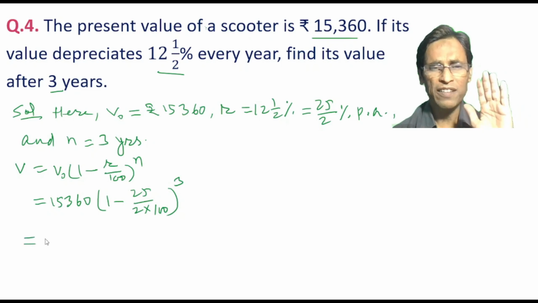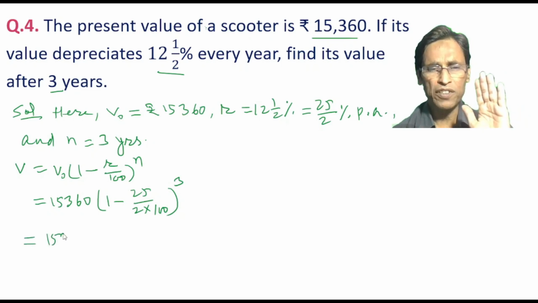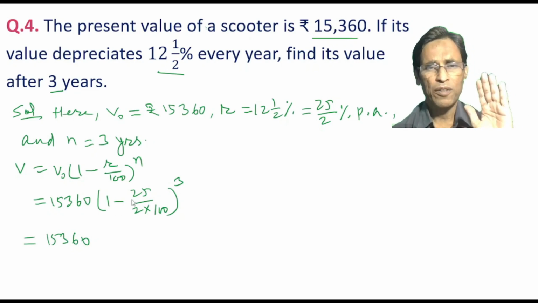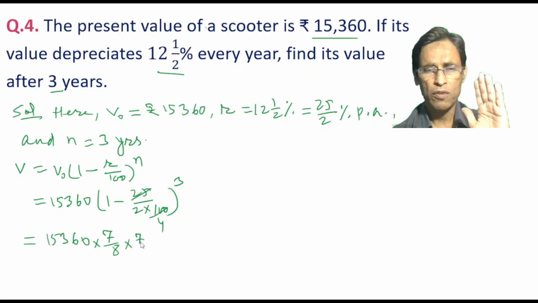Now we simplify and get 15,360 under bracket, 25 by 2 into 100, and the term under bracket is 1 minus 1 by 8. 1 minus 1 by 8 gives 7 by 8, and since there is power 3, so 7 by 8 into 7 by 8 into 7 by 8.